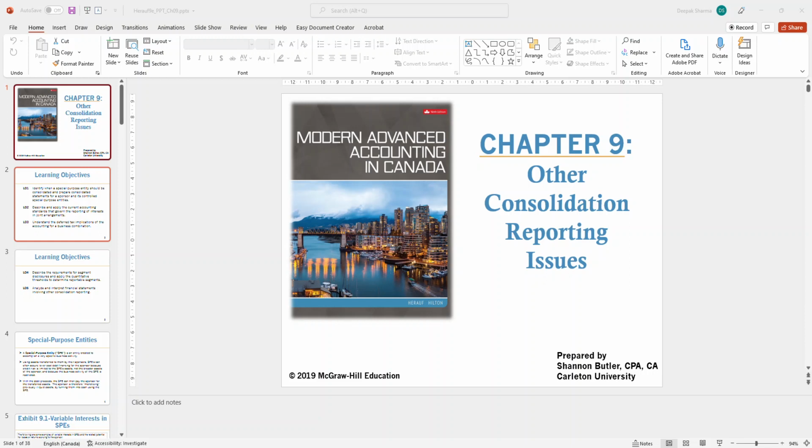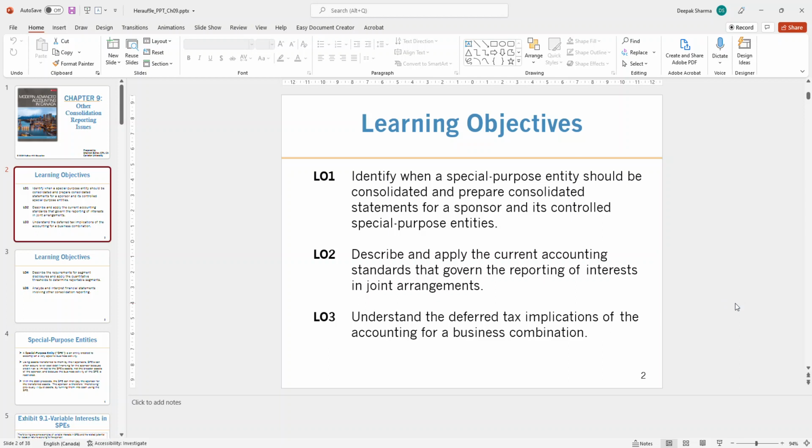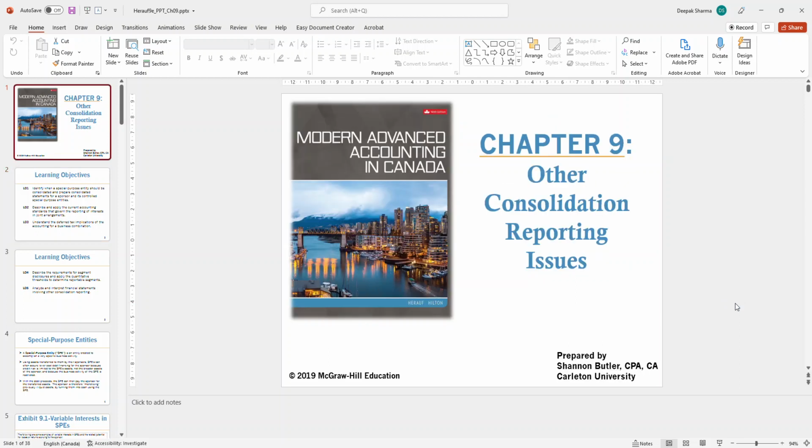So I will go through the learning objectives before we start the detail of the topics discussed in chapter 9. Chapter 9 is focused on other consolidation reporting issues. We talked about the investments the companies will have, and based on the controls, we determine whether this is going to be recorded as a strategic investment, or a non-strategic investment, or it is a control.